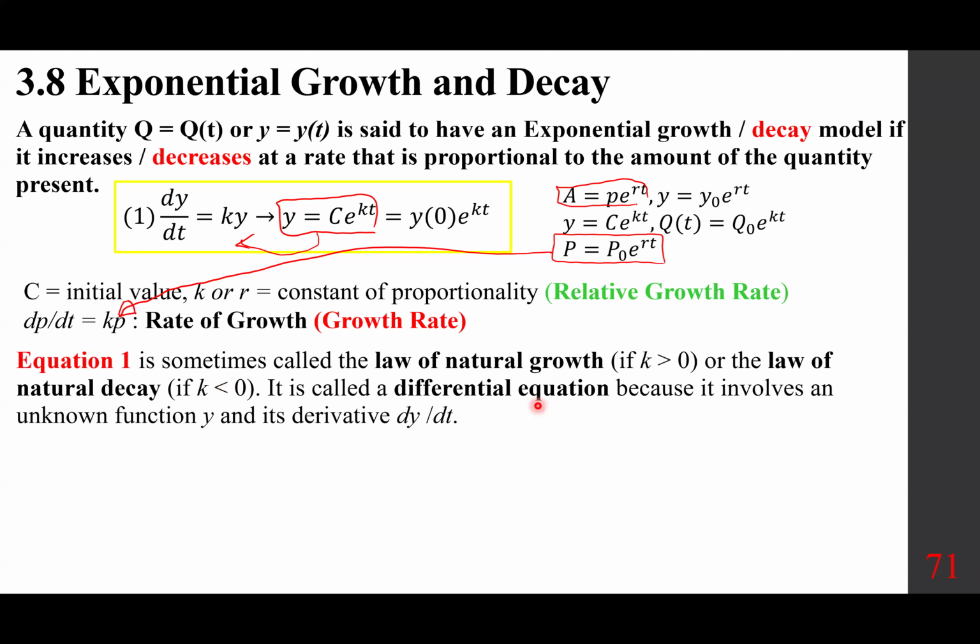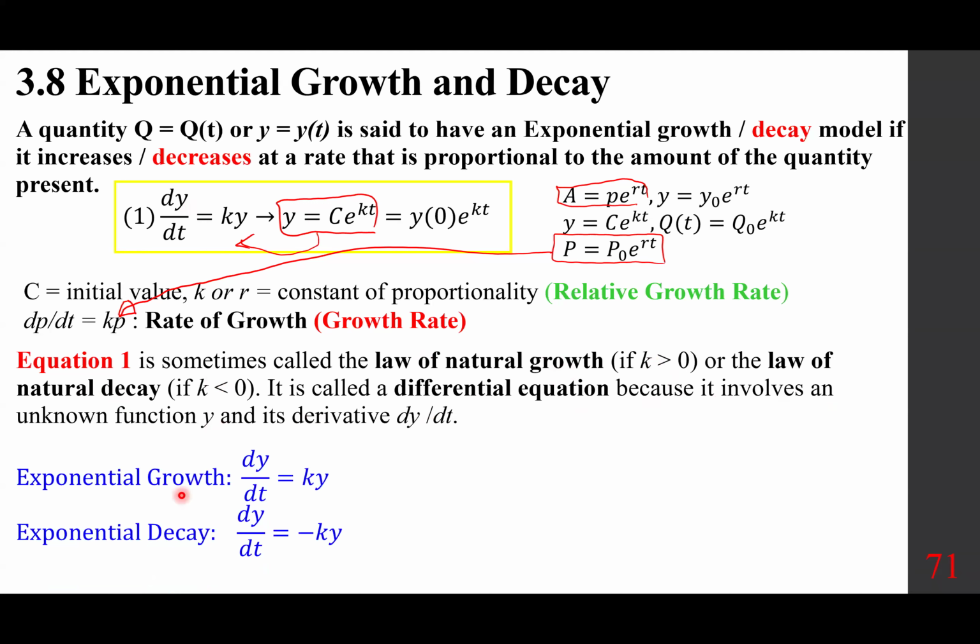It is called a differential equation because it involves an unknown function y and its derivative dy/dt. So that's the terminology. In the case of exponential growth, dy/dt is ky. In the case of exponential decay, dy/dt is negative ky.